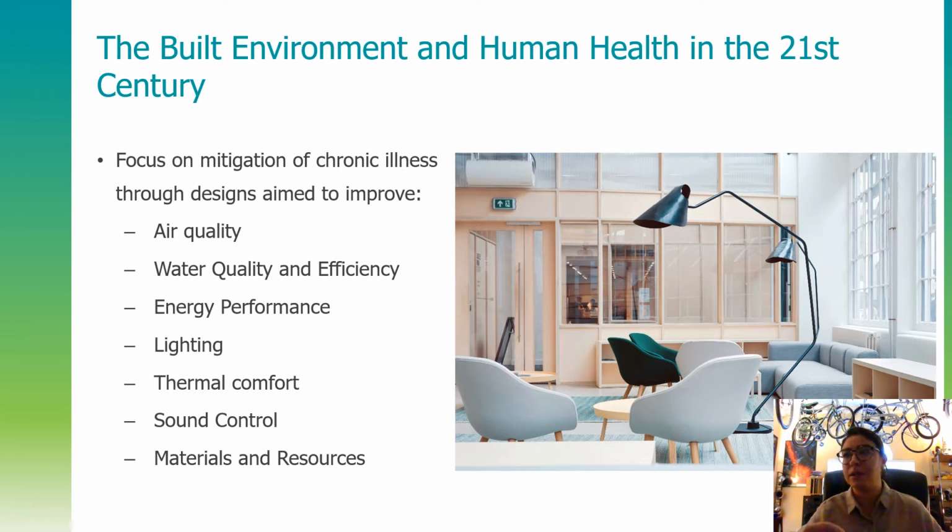Now we're seeing more studies that are showing chronic diseases linked to poor sound control and essentially noise pollution. And due to material toxins, we're still seeing a lot more push toward that direction in terms of material transparency, requiring environmental product declarations or life cycle assessments of products.